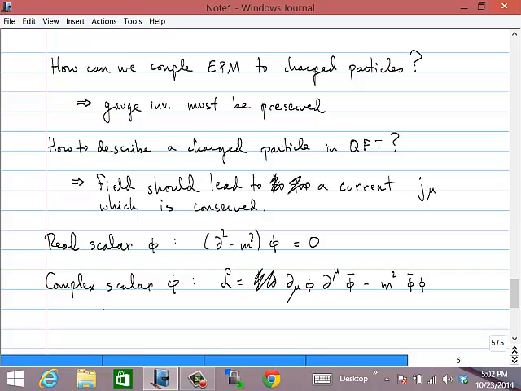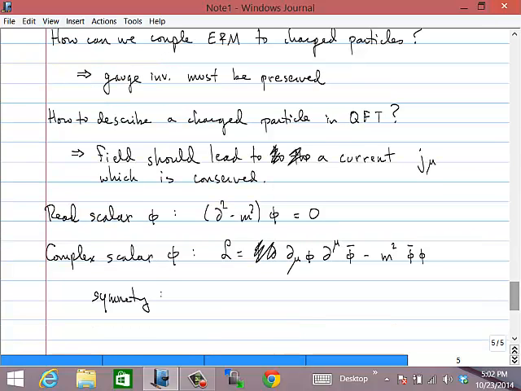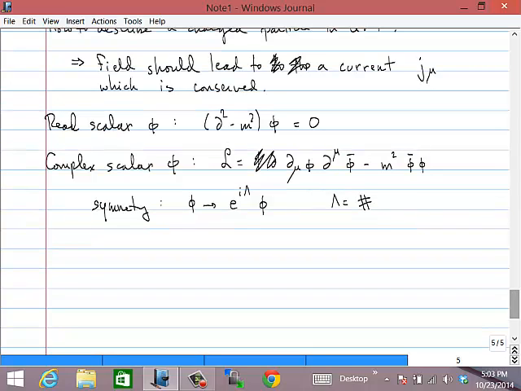So in particular, the symmetry of a complex scalar field is the one where phi goes to e to the I lambda times phi, where lambda is just now some number, and phi bar goes to e to the minus I lambda times phi bar, so you can immediately see that this Lagrangian is unchanged under this rotation of phi to e to the I lambda phi.